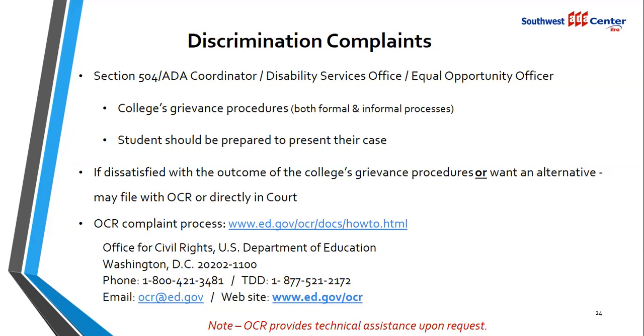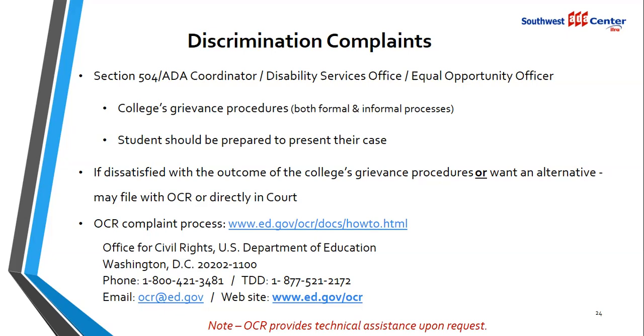They can go directly and file with the U.S. Department of Education's Office of Civil Rights, or they can directly file in court, which generally means they go and find a private lawyer. As you can see on the slide, this is where you can file an OCR complaint.